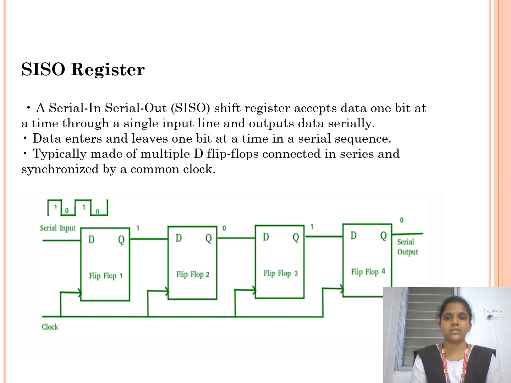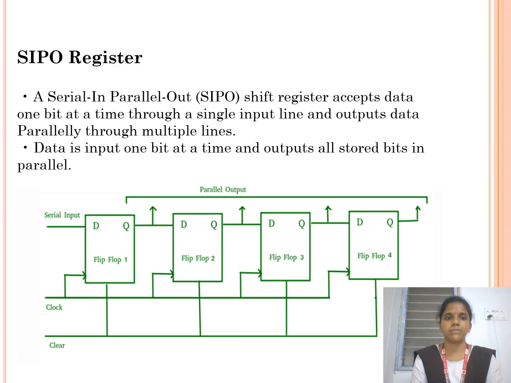Similarly, there is another register, the SIPO register. A serial in parallel out shift register accepts data 1 bit at a time through a single input line and outputs data in parallel through multiple lines. Data is input 1 bit at a time and outputs all stored bits in parallel.